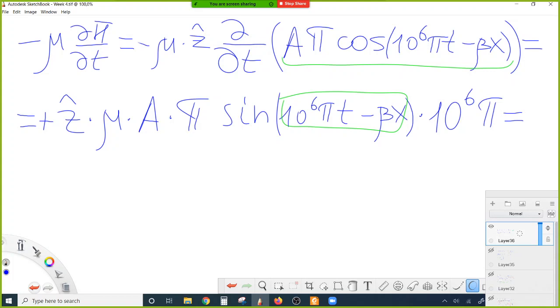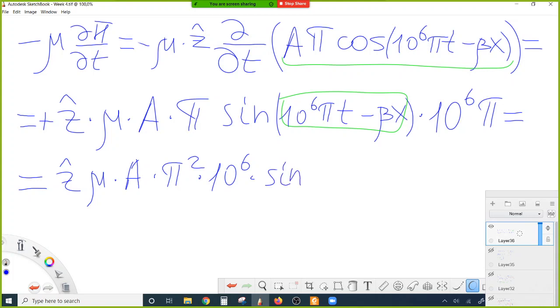Or better, if we reorganize what we have: z multiplied by mu multiplied by A multiplied by p squared multiplied by 10^6 sine(10^6 pt minus beta x).